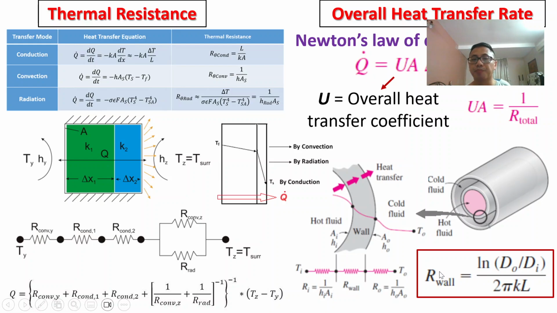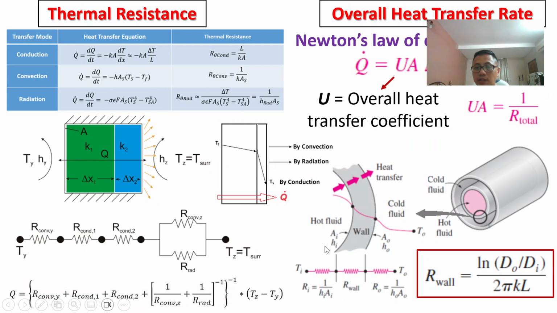Now we focus on a curved or double pipe system, because most of the heat transfer happens in the double pipe. When it involves a curved surface or cylinder type, the conductive thermal resistance is the natural log of the ratio of the outer diameter to the inner diameter, over 2 pi k L. This is for a cylinder. In a double pipe, we have a fluid inside, a curved cylinder wall here, and another fluid outside.